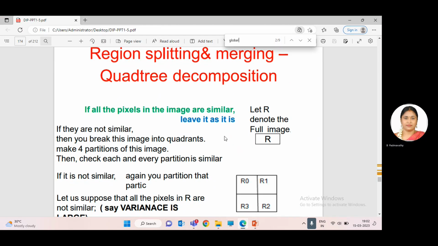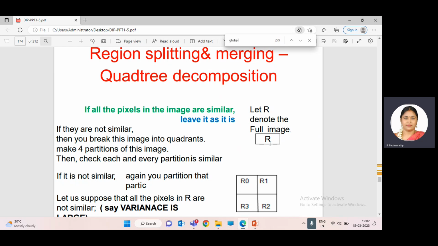Let's see. For example, you have R. R represents the entire image region. We need to select a predicate value. The approach for segmenting R is to subdivide it successively into smaller and smaller quadrant regions.